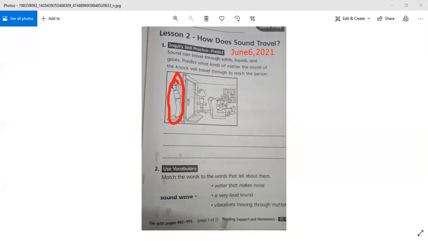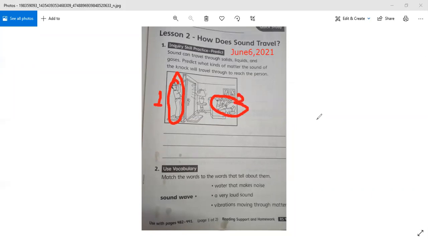And where is the second person and what is he doing? He sits on the chair and reads. Yes, he is reading the newspaper at home. The first one is knocking at the door, and the second one is reading the newspaper.